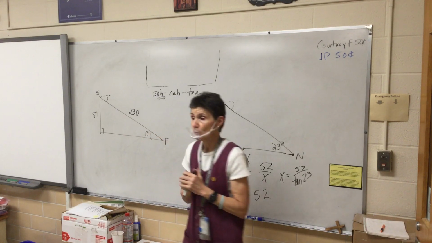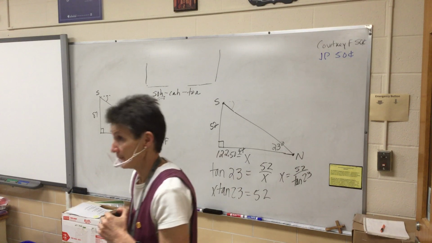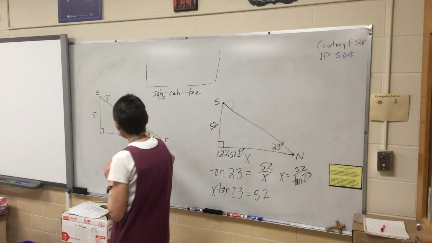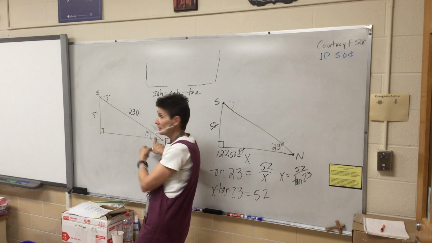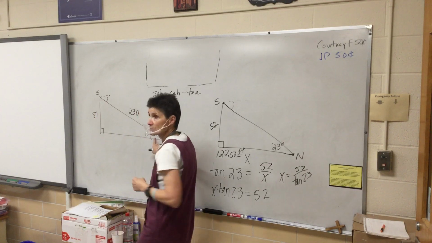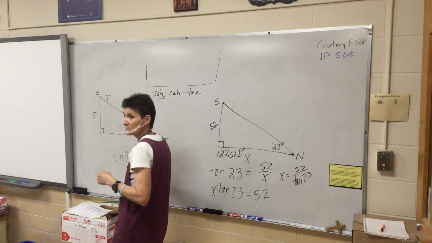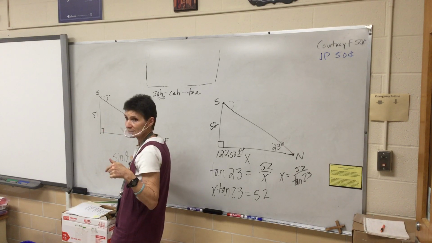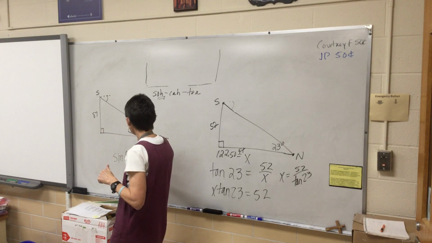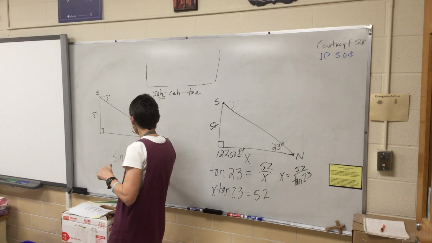Which function are you going to use? Sine. Why? Because that's the angle opposite hypotenuse. So you're going to say sine angle. The angle is always hooked to the sine. So sine angle equals 87 over 230.